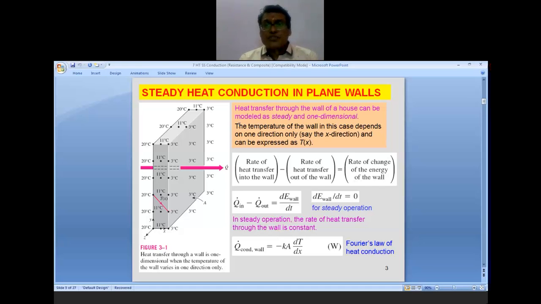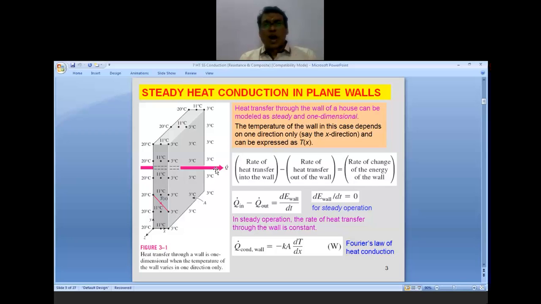So heat transfer through the wall of a house can be modeled as steady state one dimensional. The temperature of the wall on this end is 20 degrees Celsius, on this end it is 3 degrees Celsius. So the rate of heat transfer into this wall minus the rate of heat transfer out of this wall is equal to the rate of change of energy of the wall.